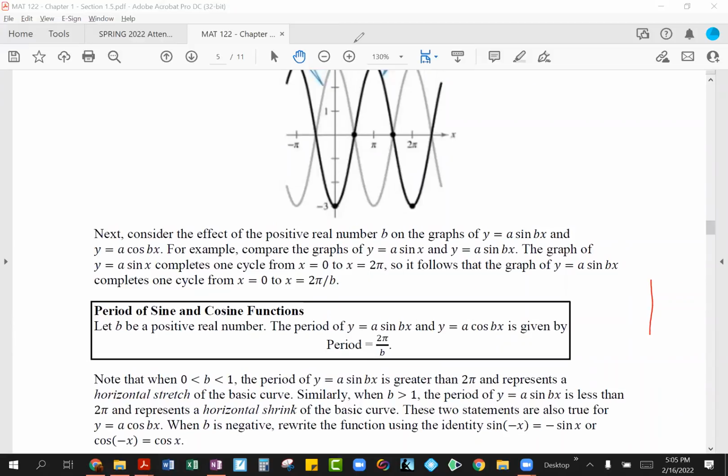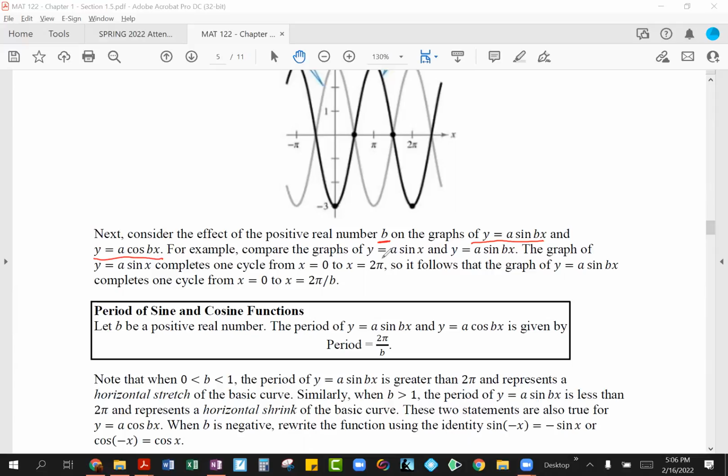Okay, now we're actually getting into that factor of b. They're saying now consider the effect of the positive real number b on the graphs of y equals a times sine of bx and y equals a times cosine of bx.